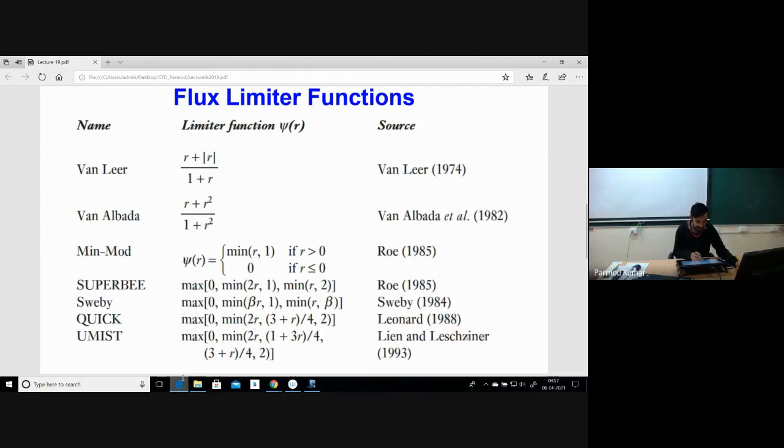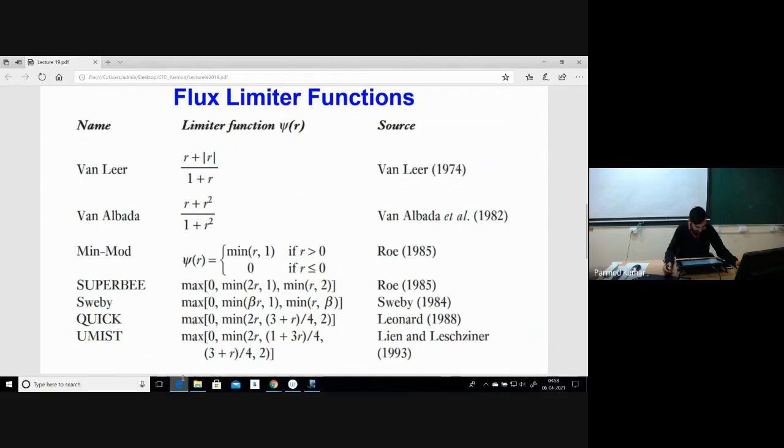Someone has taken r plus mod r divided by 1 plus r, then another is r plus r square divided by 1 plus r square. So someone has taken different conditions on r. These are the popular limiter functions which lie in the stable as well as second order accurate region on this r psi diagram.